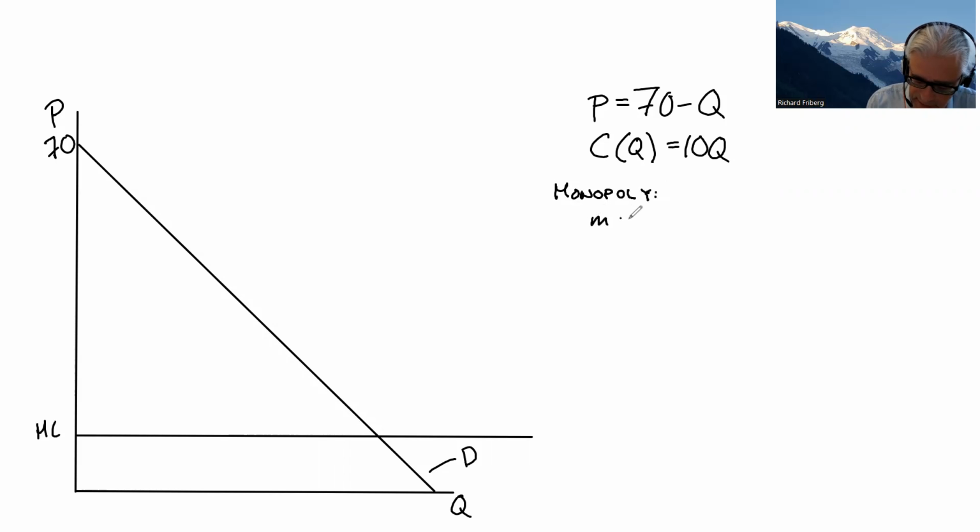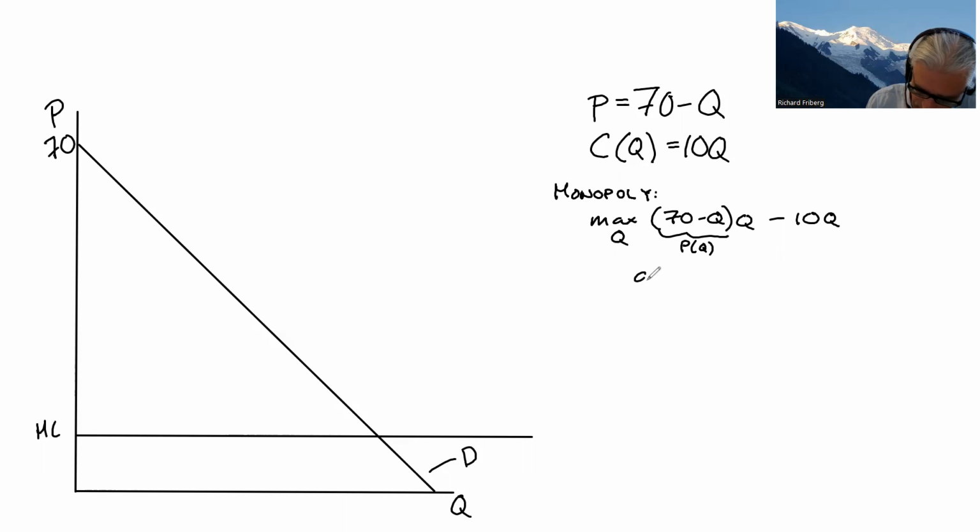Well, it would set its quantity to maximize profits. What are profits? Well, that's price, which depends on quantity, times quantity, minus costs, which are 10Q, and we're disregarding fixed cost here. So differentiating the profits with respect to the quantity, finding the profit maximizing quantity, that's the case where the slope of the profit function is equal to 0.